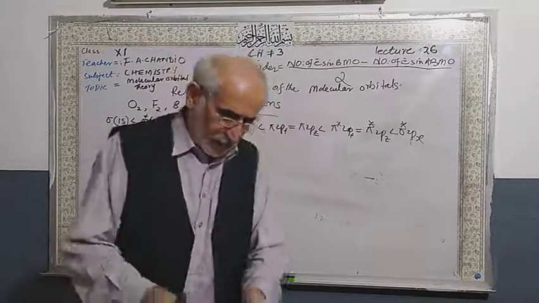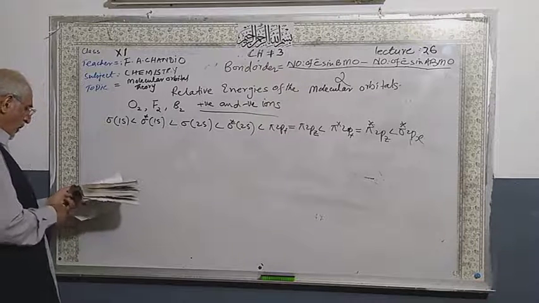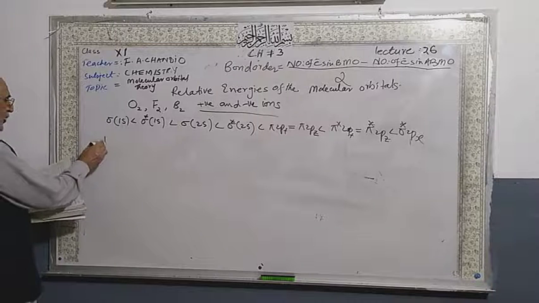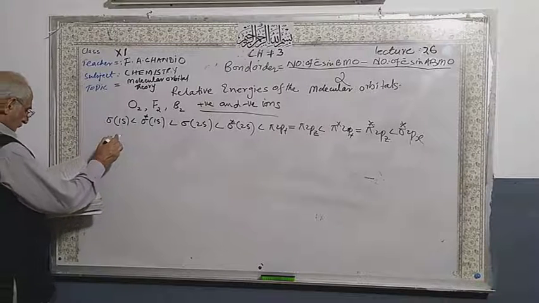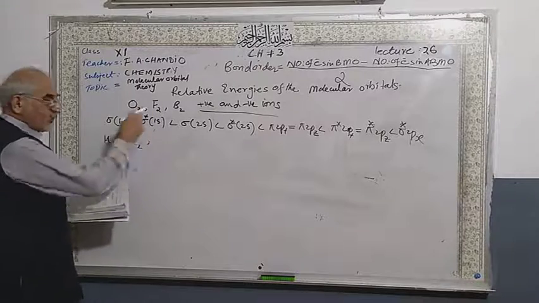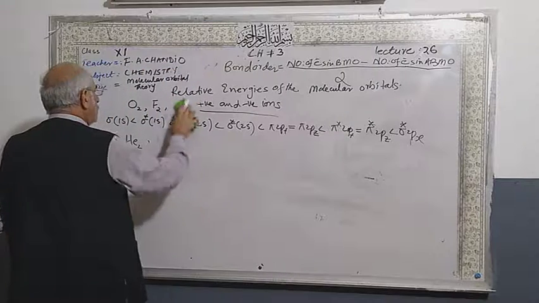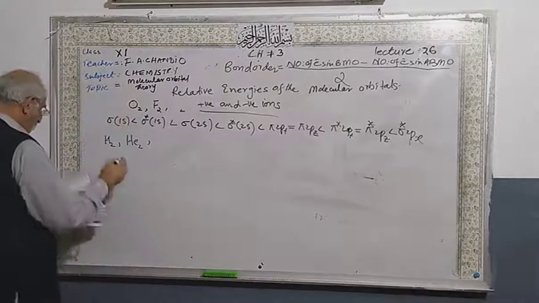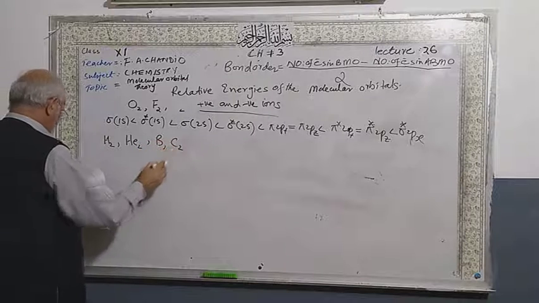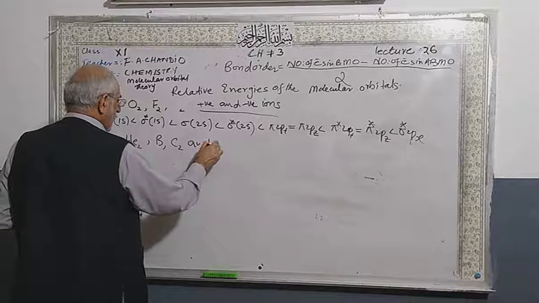Then, when you are going to distribute more electrons, for the hydrogen, helium, boron molecule, carbon molecule, nitrogen molecule.